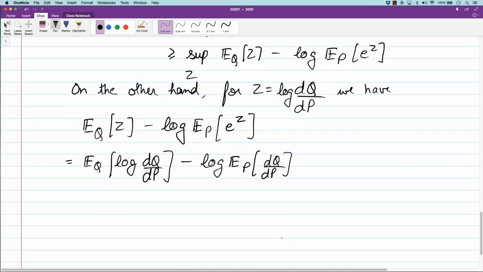Now if you look at the second term here, this guy is 1, so this second term is 0 because this expectation is 1. This just changes the measure. It's just expected value of 1 with respect to Q.